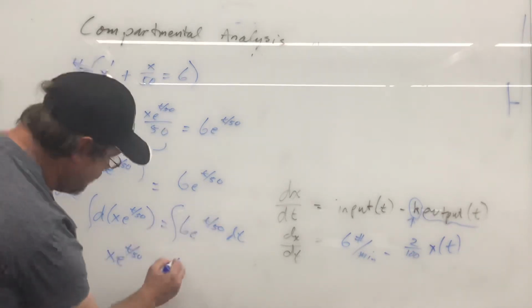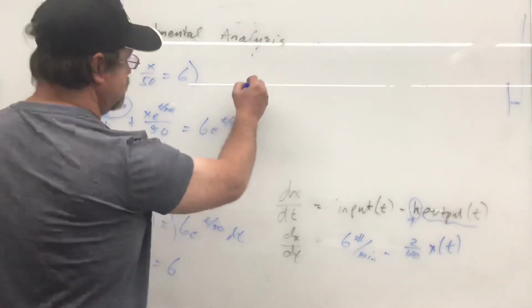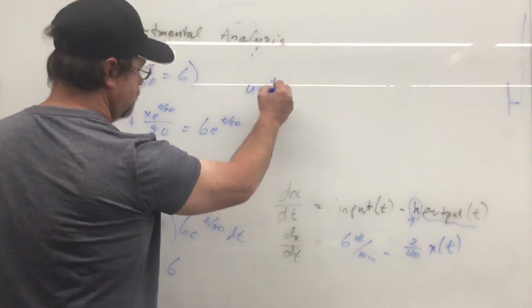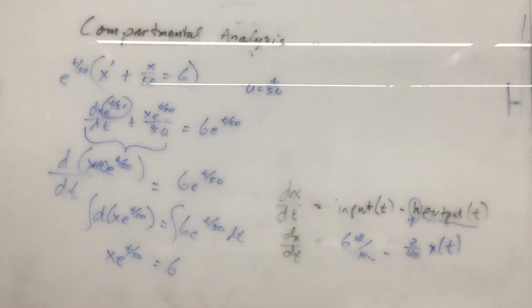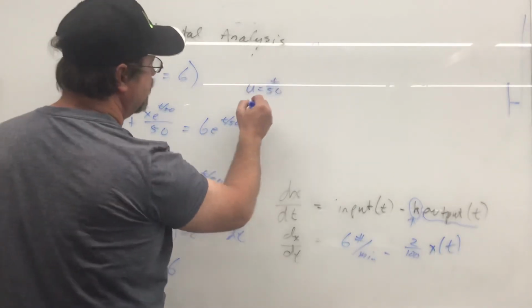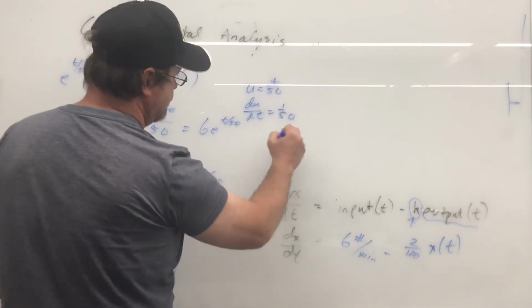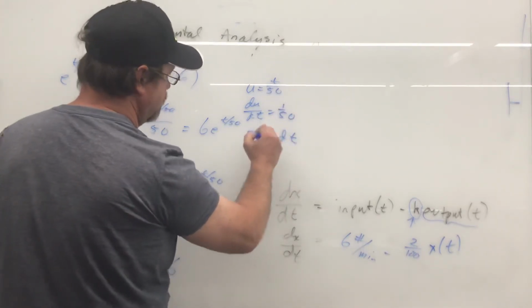The right-hand side, I get a 6, integrating e to the t over 50. Of course, I could make the substitution and say I'll let u be t over 50. I wish it was just e to the u. So if u is t over 50, du/dt is 1 over 50, meaning that dt is equal to 50 du.